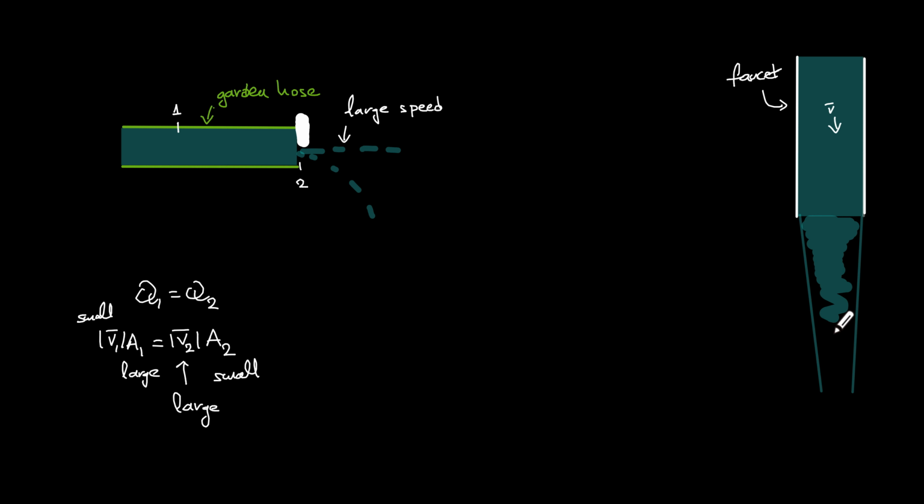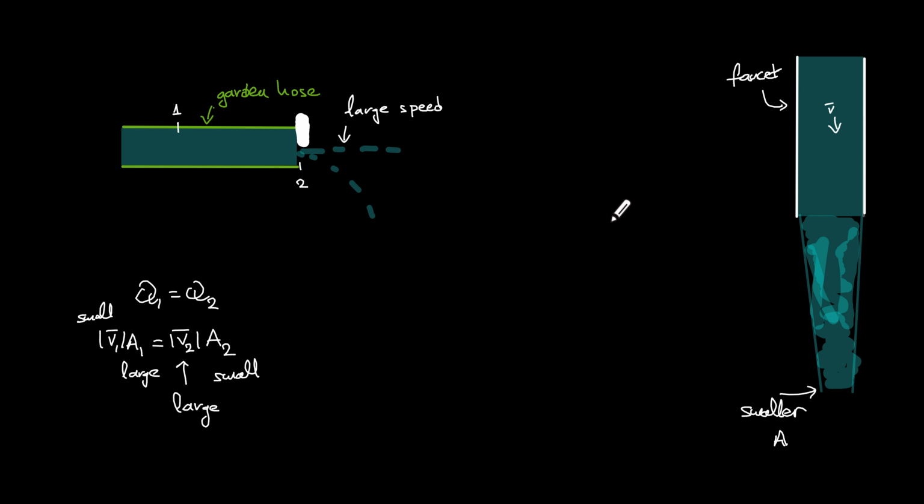What you will see is that the diameter, or the radius of the water moving downwards, is getting smaller. So as you go here, you will end up having a smaller radius, a smaller diameter, or another way to talk about it is that you have a smaller cross-sectional area.